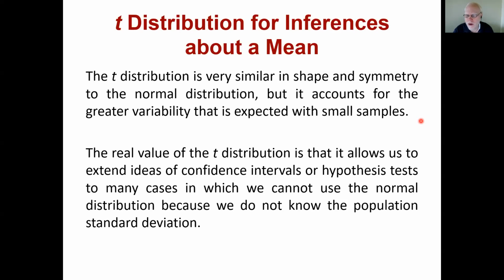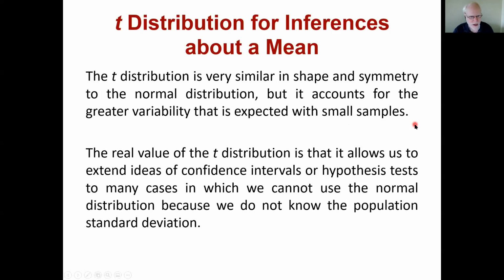There would be a lot more variability, right? If you just take a tiny sample, there's a higher chance that both the sample mean and the sample standard deviation are quite different from the population ones. So the student t distribution takes into account the differences in variability that we would expect depending on sample size.